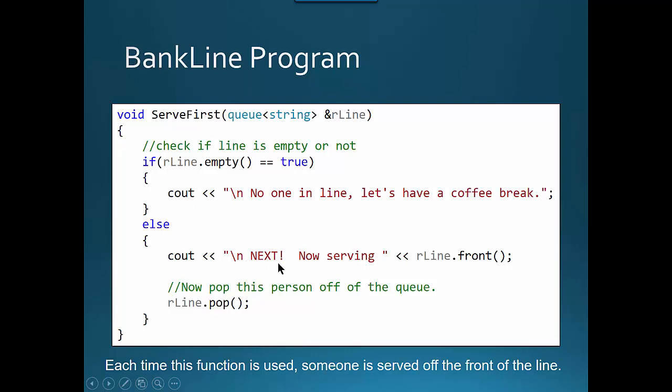So now it will say now serving, and the queue class has a front method. And what the front method does is allows you to look at what the first element is on the queue, but it doesn't actually remove it. It still leaves it in the queue. In order to remove something off the queue, you have to use the pop function. And the pop function will then remove that first person.